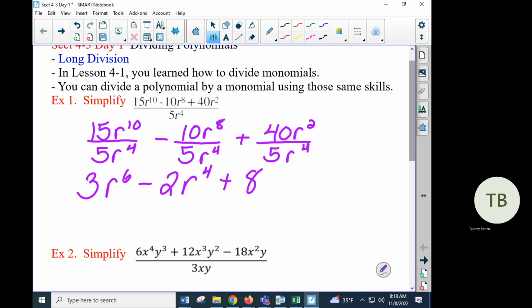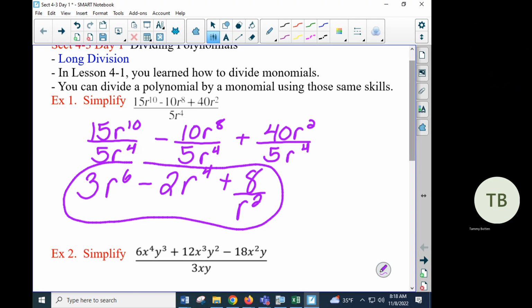We have 4 R's on the bottom. 4 minus 2 is 2. So we have 2 R's. Because the 4 is on the bottom, we actually have to put the R's on the bottom. You're going to find most of the time your variables are going to be more on the top in this type of question, but you can have them end up on the bottom. Okay, so this whole thing would be your answer.